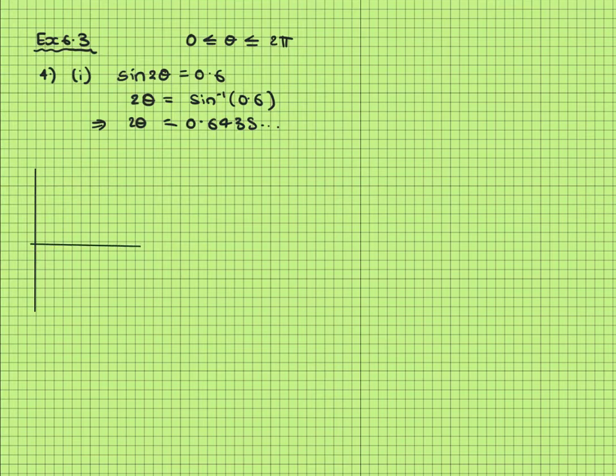I'm going to find all the appropriate values of 2 theta. Remember, we're finding values of 2 theta which we will halve, so yes, the question has a range which goes from 0 to 2 pi, but we have to go all the way up to 4 pi in order to make sure that we account for all answers.